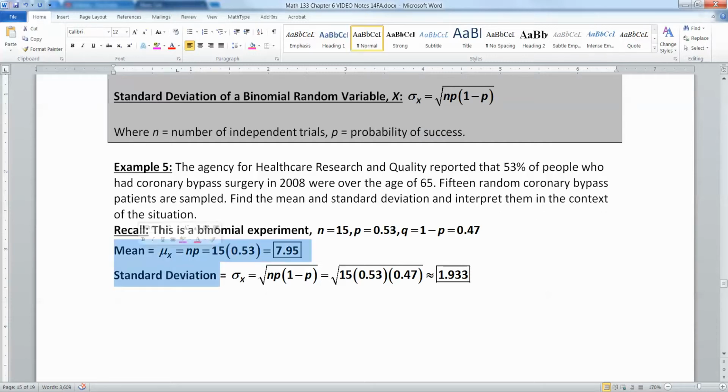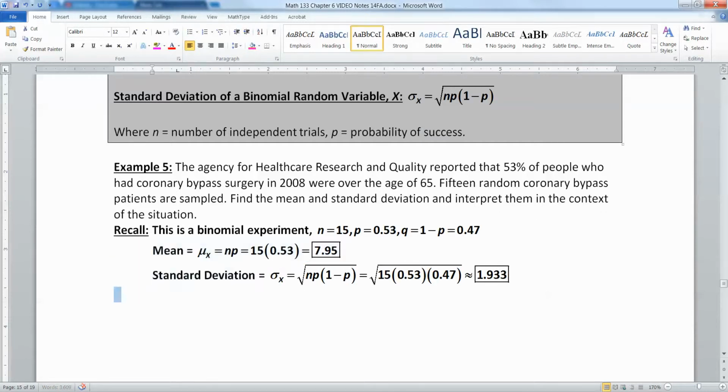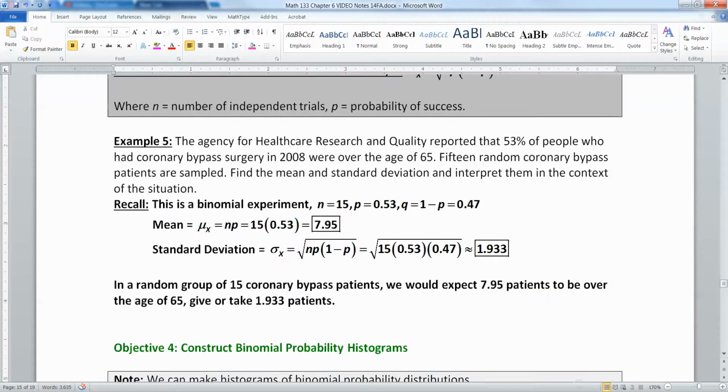Now, what does this mean for this particular experiment? How do we interpret the mean and the standard deviation in this context? In a random group of 15 coronary bypass patients, it's very important that you say the n value somewhere.